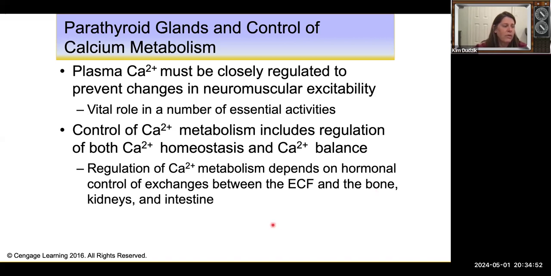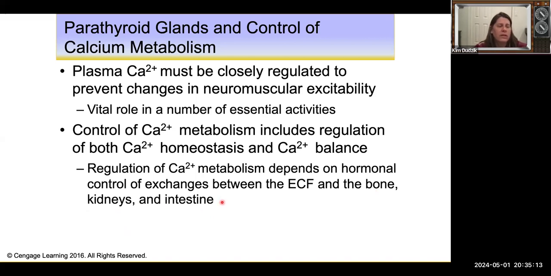We also can prevent calcium loss from our kidneys, and we also control calcium absorption in our intestines. All of these things help to raise plasma calcium levels when it starts to fall.